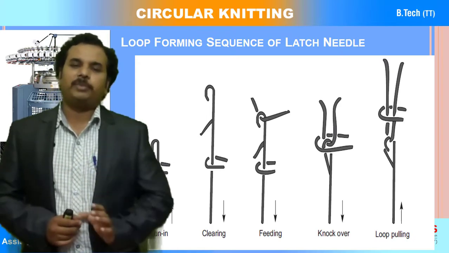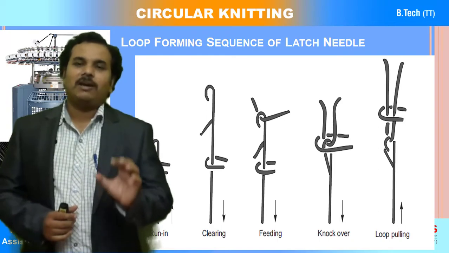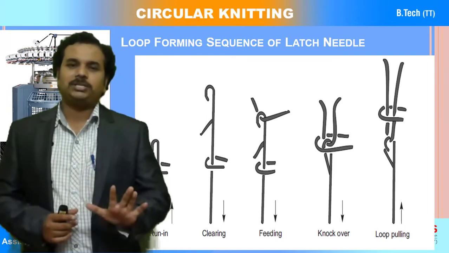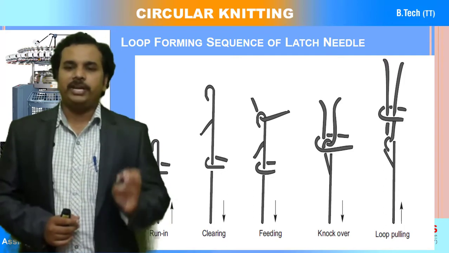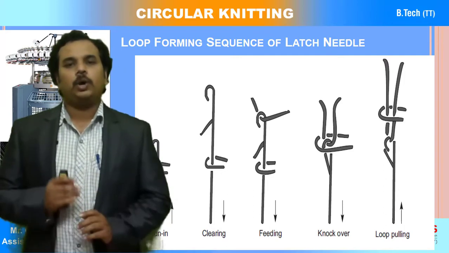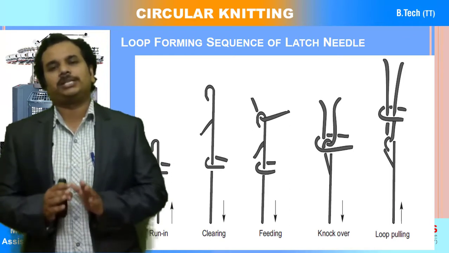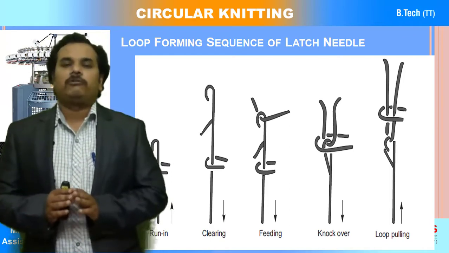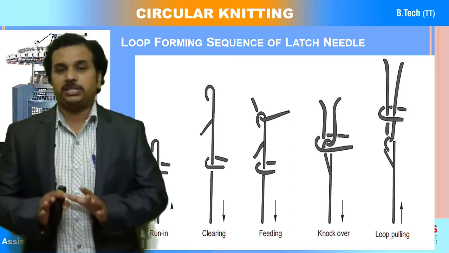Once again, I am repeating the sequence: running, clearing, feeding, knock over, loop. These are the 5 different steps to form the loop through the old one. So this is the loop formation sequence.